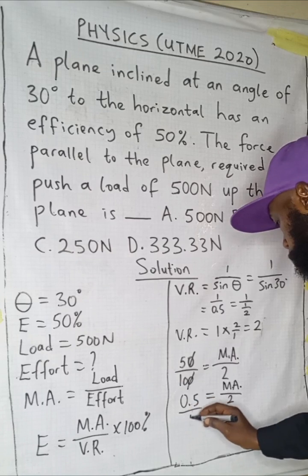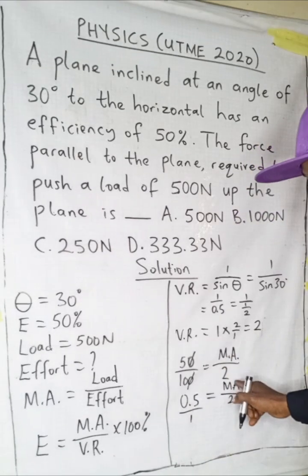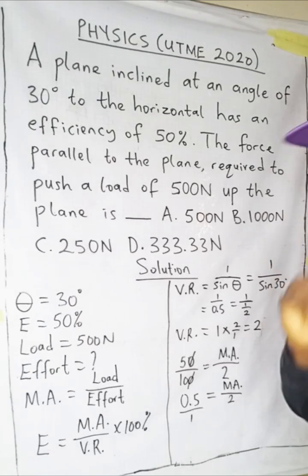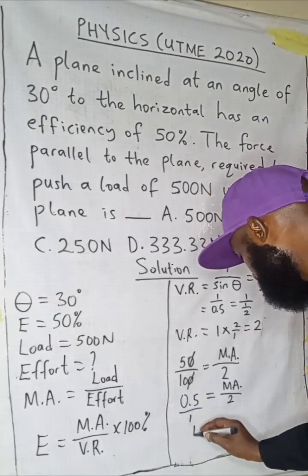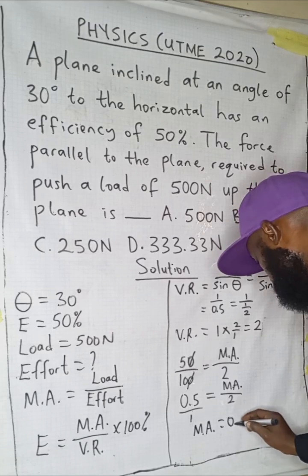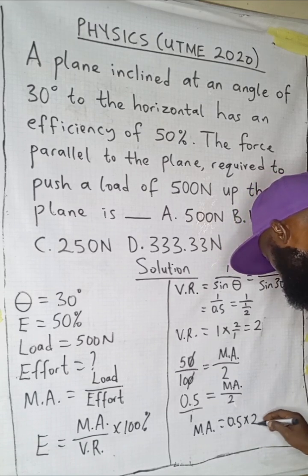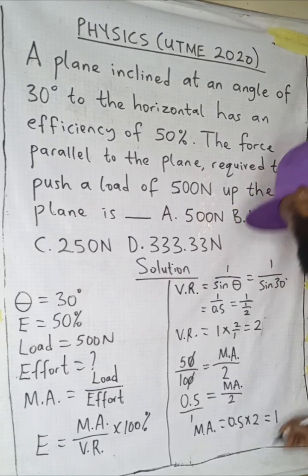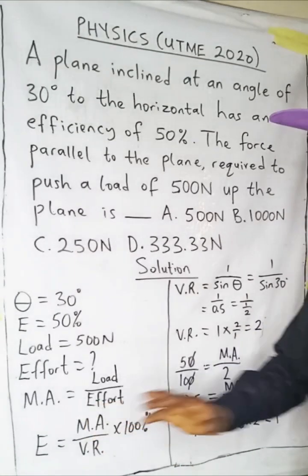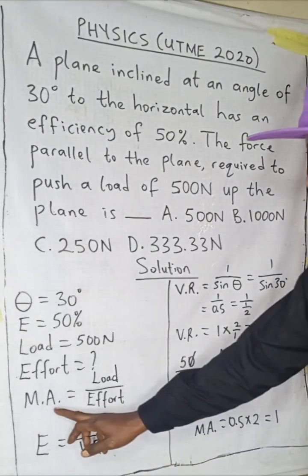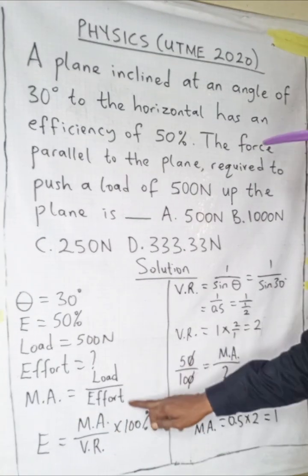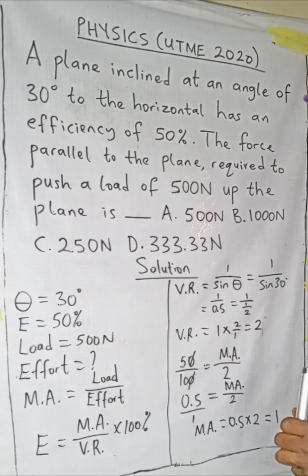If you call this over 1, then if you cross multiply, mechanical advantage is equal to 0.5 times 2, which is 1. So now we have found mechanical advantage. We can now put the value here, which is 1, put 500 here, value of the load, and find the effort.